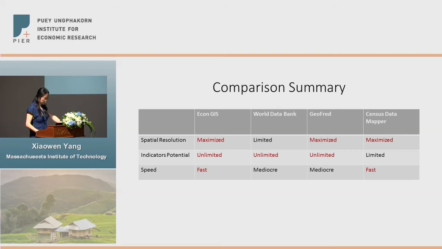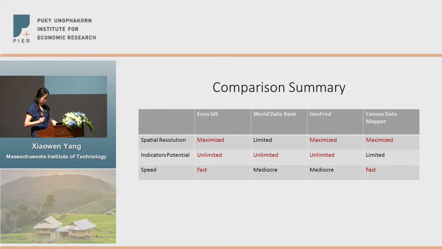For the indicator potential, because of the database structure, we can provide unlimited indicators. It's not a limitation for us at all. The same for the World Bank and GeoFRED. For the speed, our speed is very fast, at the same level as the census data mapper.